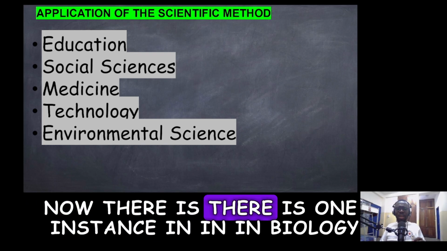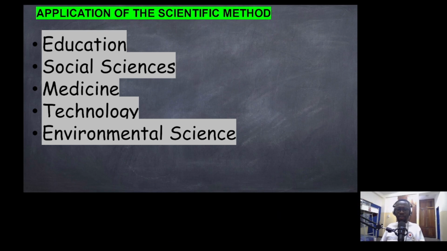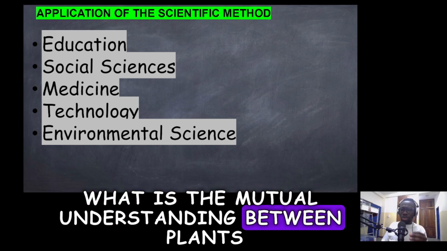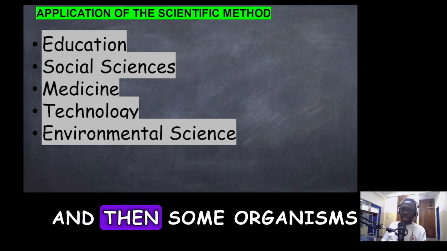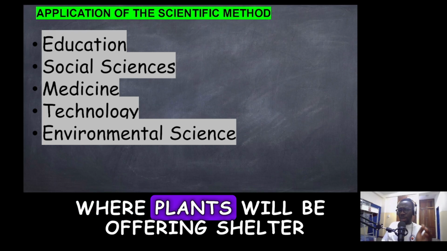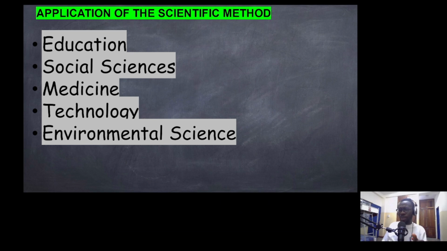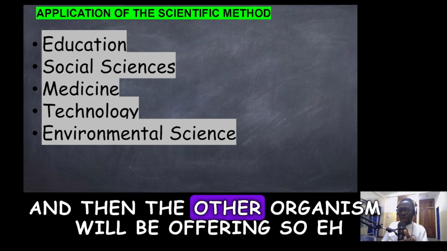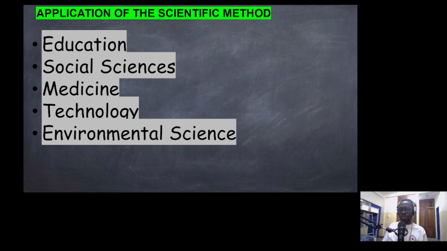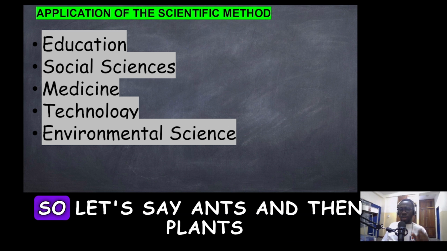Now there is one instance in biology. What is the mutual understanding between plants and some organisms, where plants will be offering shelter and the other organism will be offering protection? So let's say ants and plants.